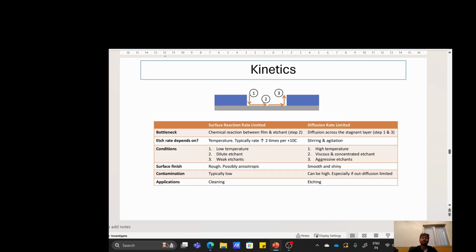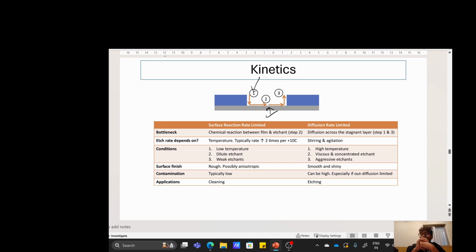Okay, so now that we have seen during the CVD as well, what the bottleneck is. If it is surface reaction rate limited, the reaction is too slow, but the etchant is available.